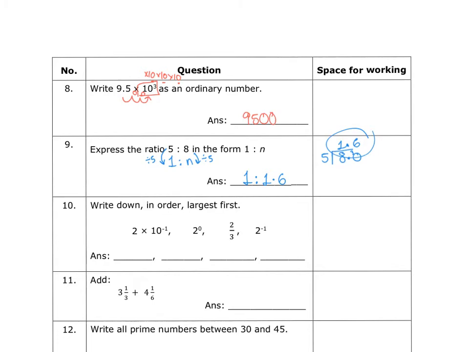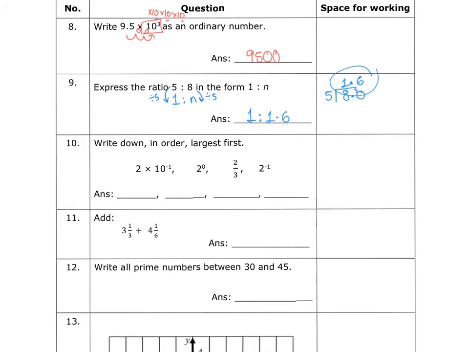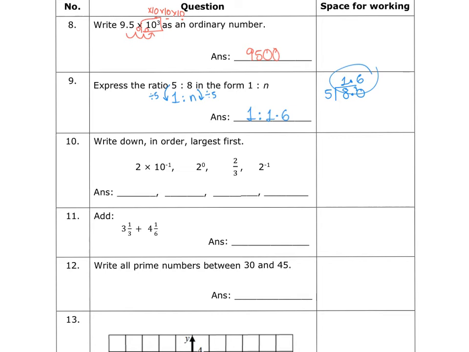Next question. Write down in order, largest first. So 10 to the minus 1 means we move the point to the left, so that is 0.2. 2 to the power of 0, anything to the power of 0 is 1 whole.